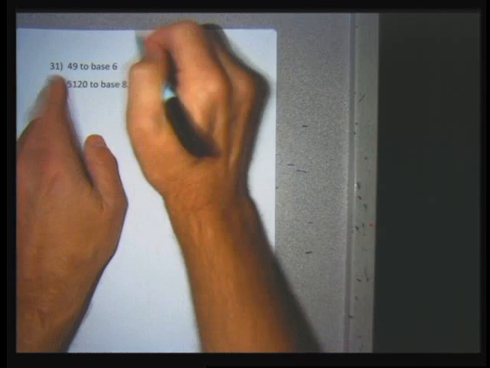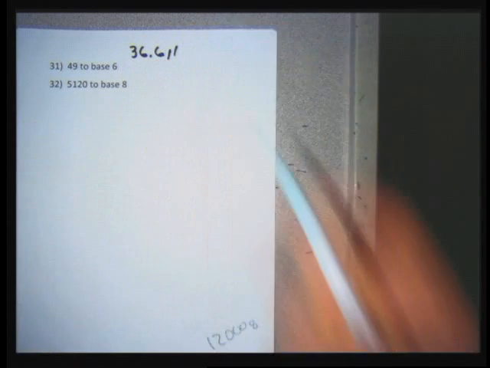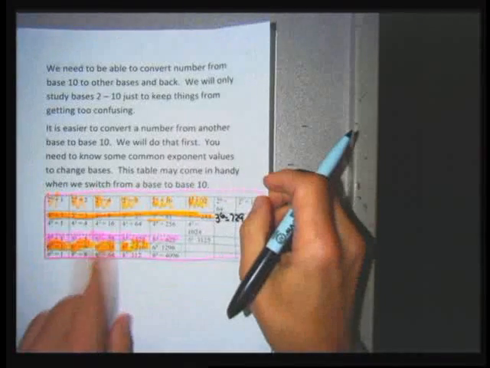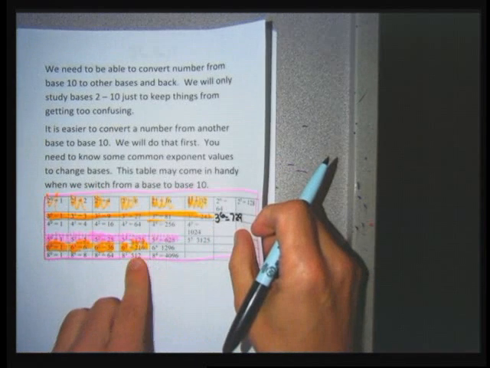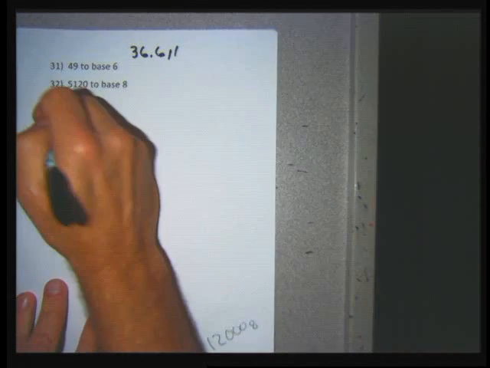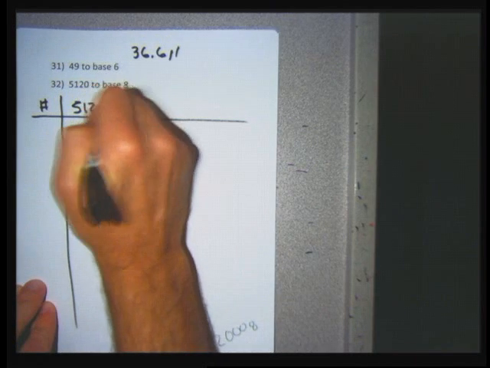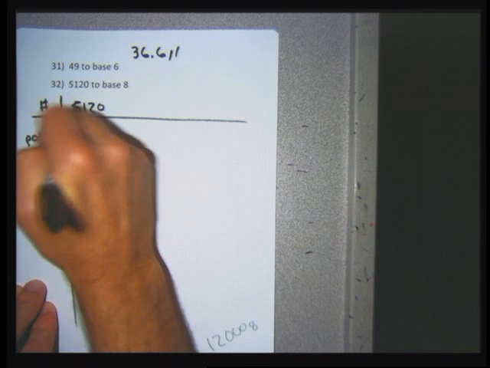For your base 6, you're going to need 36, 6, and 1 for your powers of 6. So you need 36, 6, and 1. I need 4,096, 512, 64, 8, and 1 for my powers of 8. So I want my original number, 5120. Then I need my powers of 8.